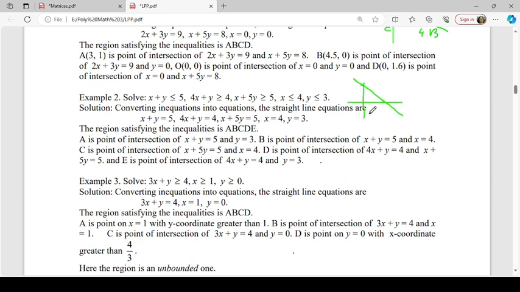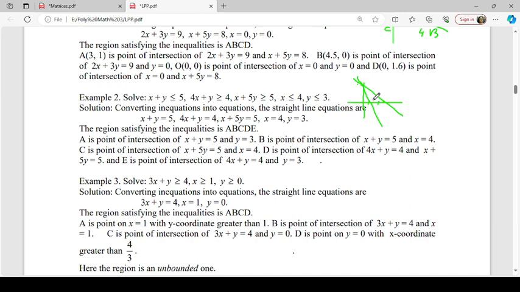Then for the second line, the x intercept is 4 and the y intercept is 4. So this is the line, and the region is to this side.